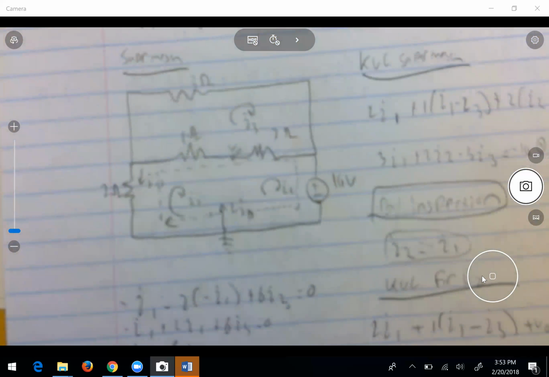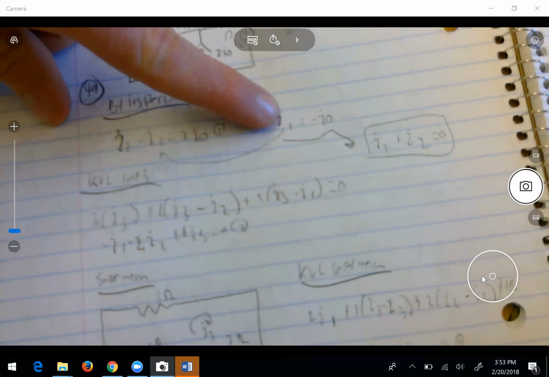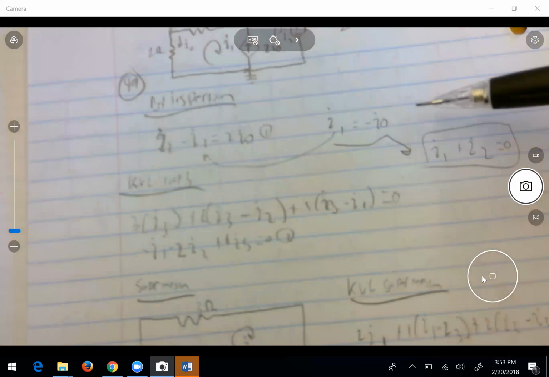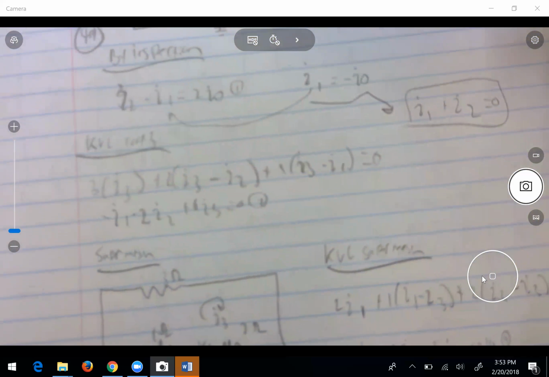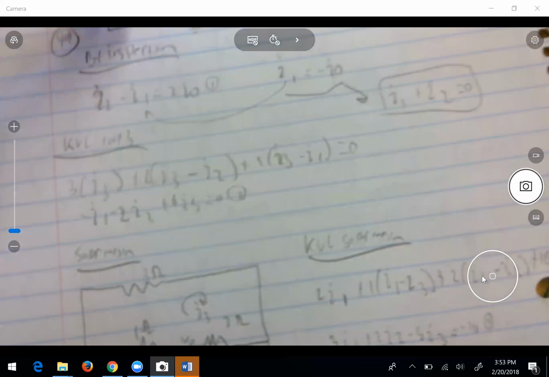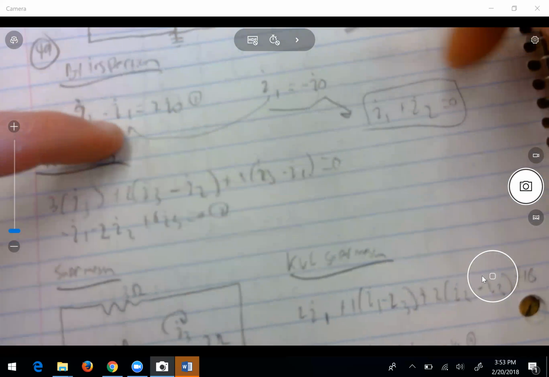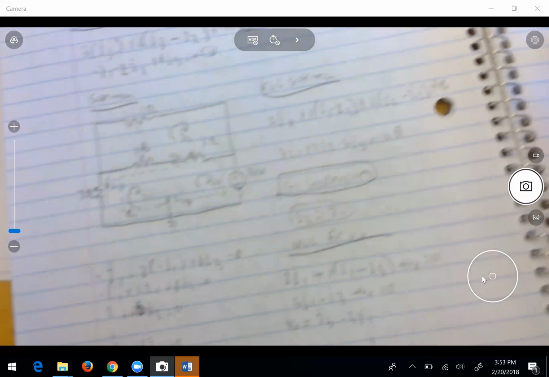Wait, I have that, but I combined it with that. Did you find something? How did you know that? What about I0? Where's I0? That's that current there? I0 is minus I1. Yeah, so I combined that. Oh, I see. And I got that, and then I got that. Okay, well that would probably be okay. Yeah. All right.